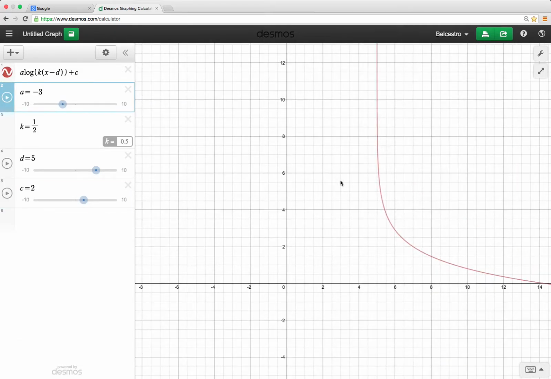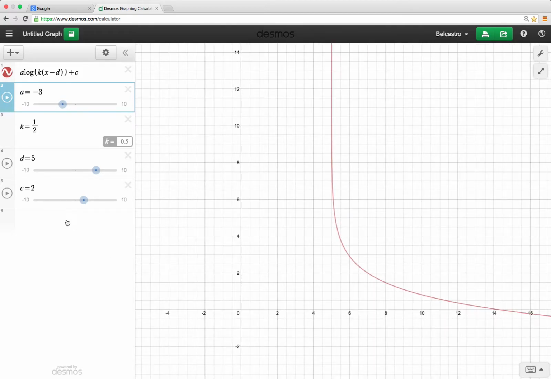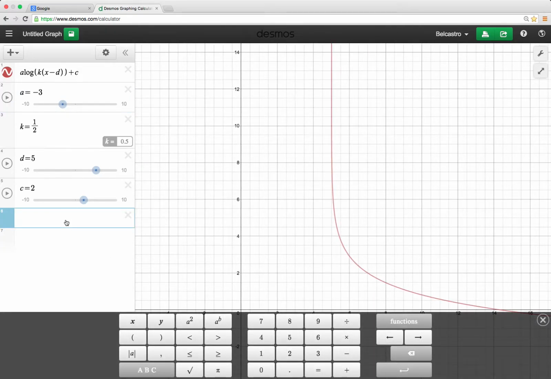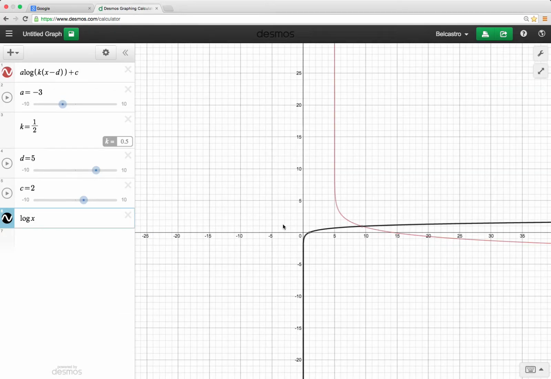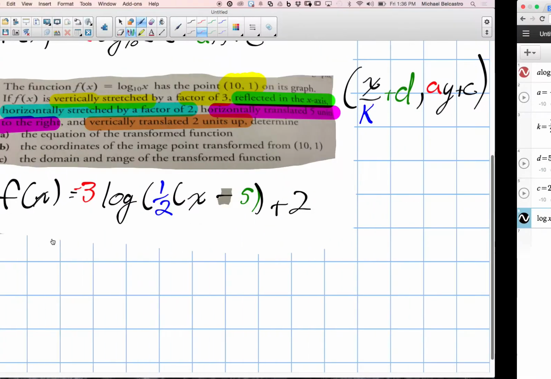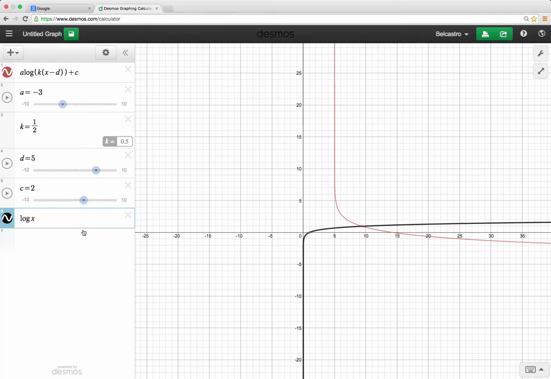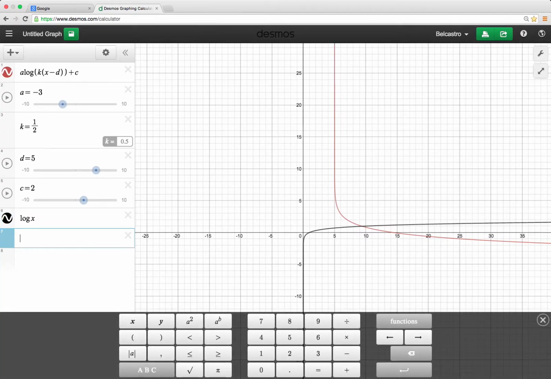So we're looking at a function that looks like this, and the original function was just log x. Okay, so this is what our translation has done to it. It's flipped it on the x-axis, and they had a major point they wanted us to talk about. It was 10, 1. So let's see if we can't get that. 10, 1 was a point here.